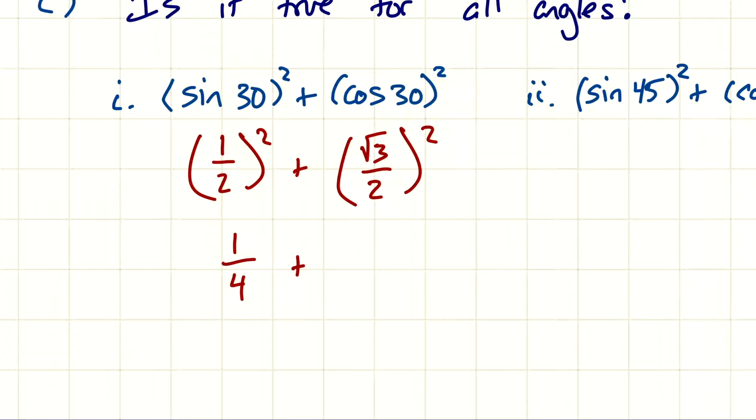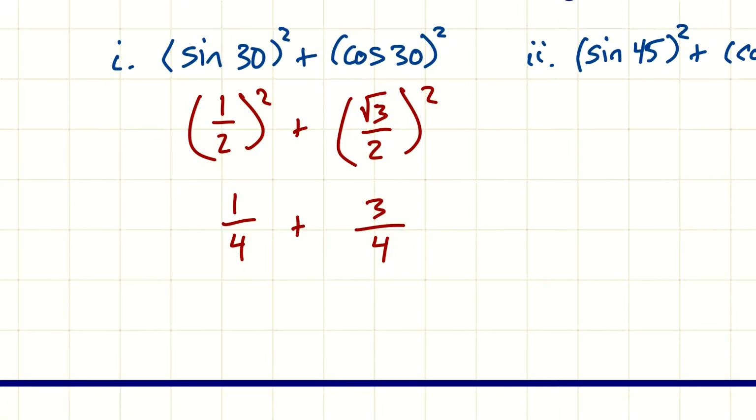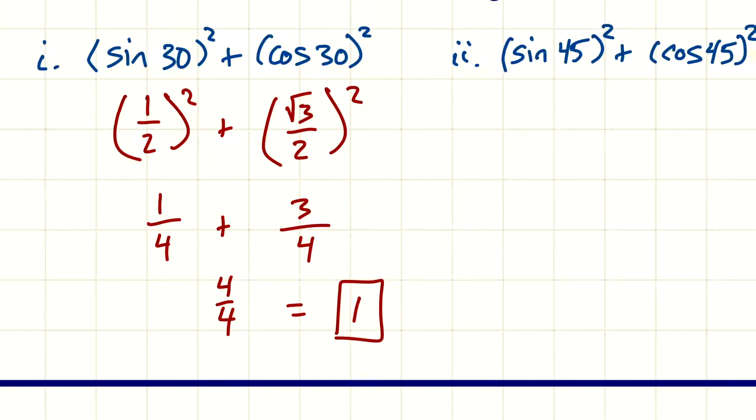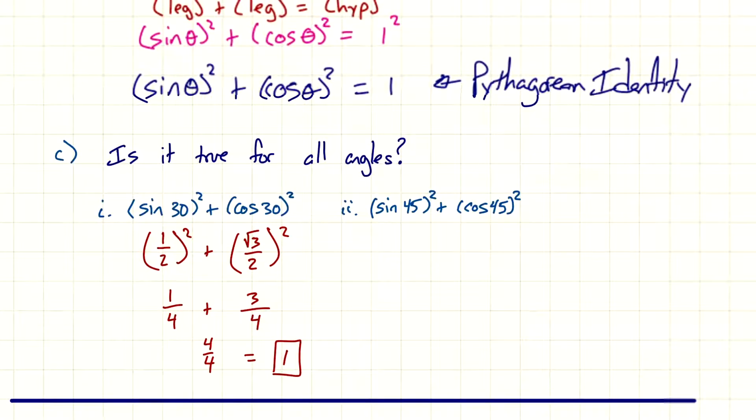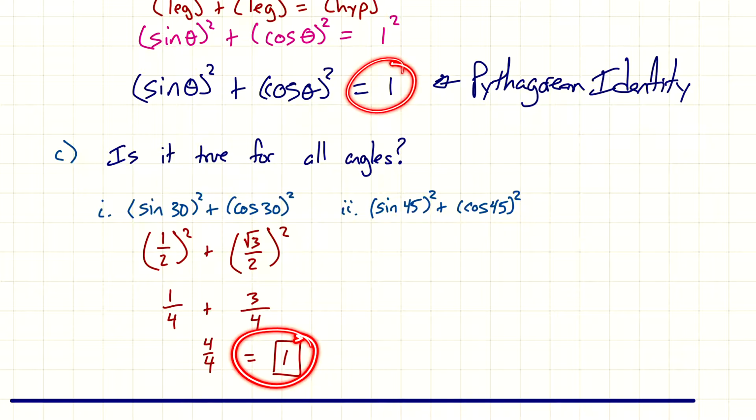Then square root of 3 squared is 3, and 2 squared is 4. Now if we add 1/4 plus 3/4, that gives us 4 out of 4, which reduces to 1. So this tells us it worked for an angle of 30 degrees, which is what we wanted. We said it was supposed to equal 1, and you'll notice it did equal 1.